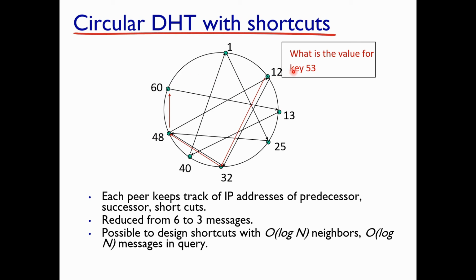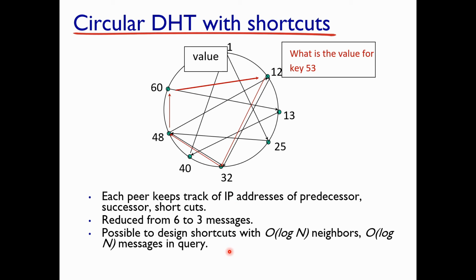So the 60 ID and the key 53 are closest. So the node 60, which has the key value for 53, will send the value to the node 12. Now if you see, only 3 query messages are sent. So from 6 messages to 3 messages.